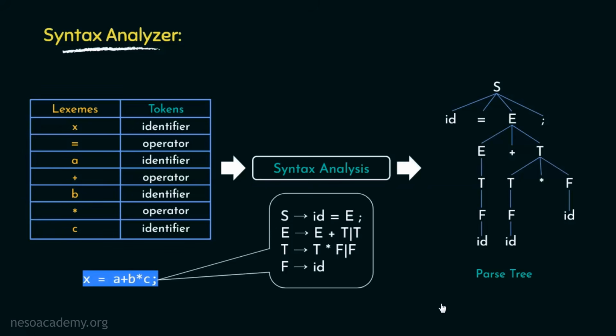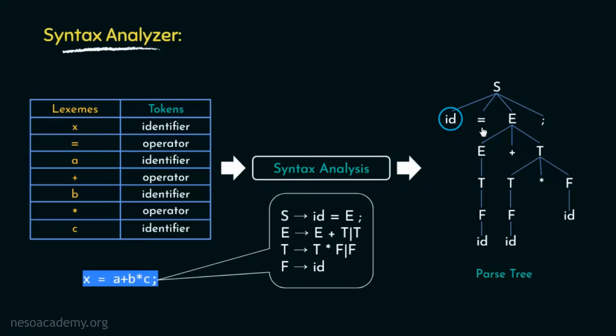Now, in order to find out the yield of the parse tree, we will have to traverse it top to bottom, left to right, taking notes of only the terminals. So let's begin. During traversal, this id is the first terminal that we encounter. Remember, top to bottom, left to right.